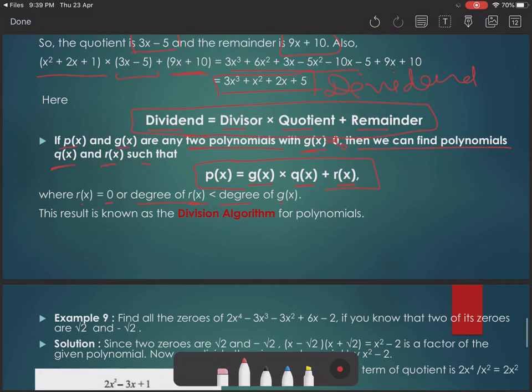Clear? This result is known as the division algorithm for polynomials.